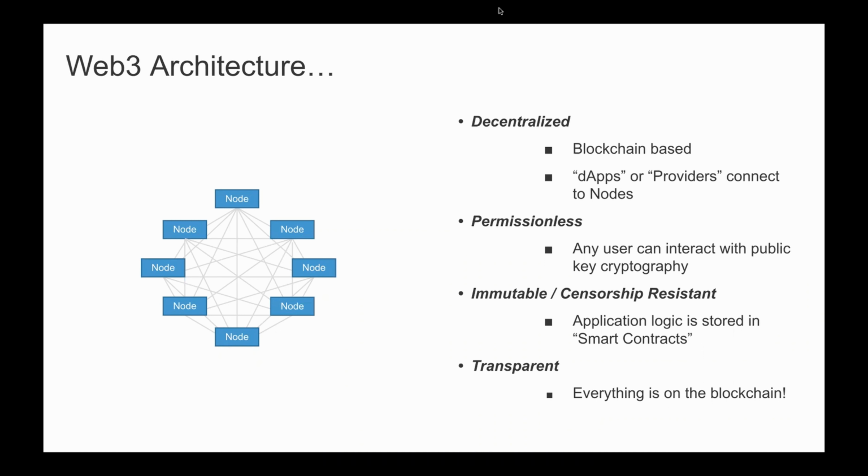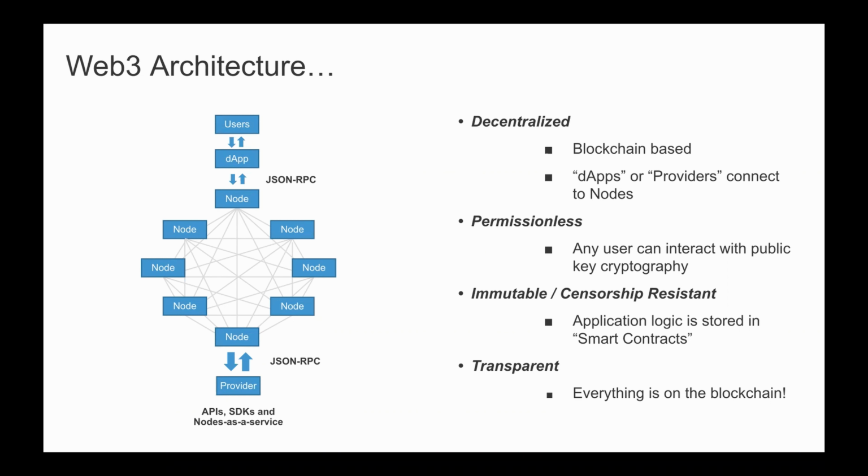And these dApps or providers connect to nodes on the blockchain, right? So you have users that connect to the dApp, and then the dApp connects to the blockchain, and you can make transactions, right? And it's permissionless in the sense that anyone can interact with the blockchain or with the decentralized network by the use of public key cryptography.